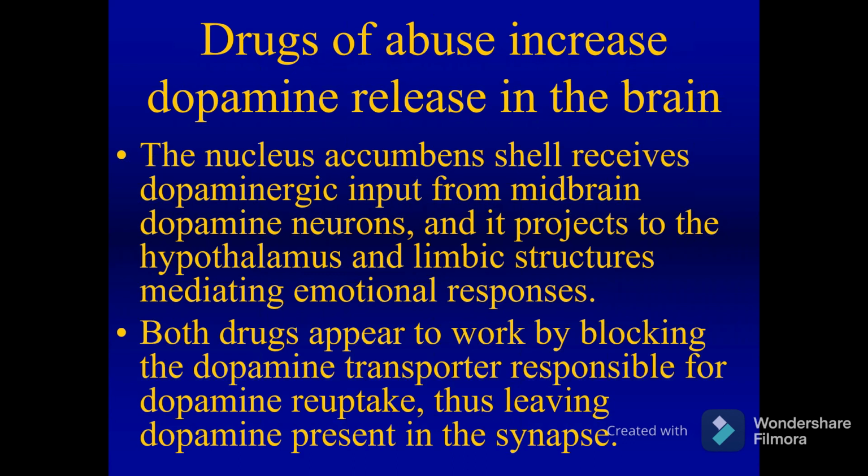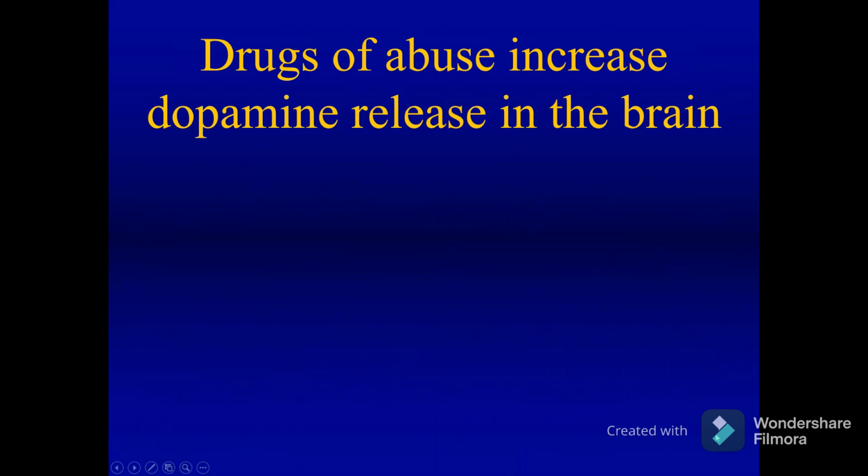Both drugs appear to work by blocking the dopamine transporter responsible for dopamine reuptake, thus leaving dopamine present in the synapse. Drugs of abuse increase the dopamine release in the brain.